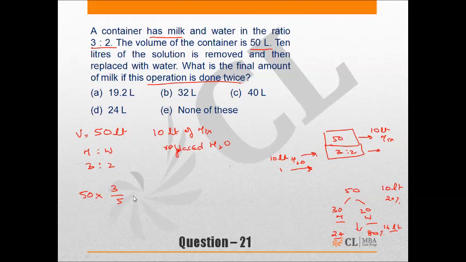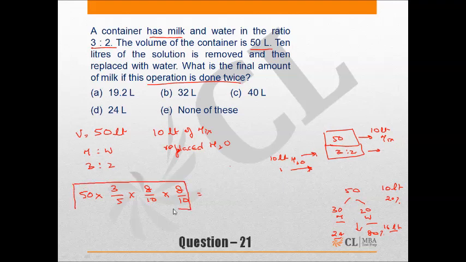After the first operation, the quantity of milk left would be 80%, or 8 by 10 of the original. After the second operation, another 8 by 10 will be left, or rather 2 by 10 has been removed, hence 8 by 10 of the mixture has been retained in terms of milk. So this is the quantity of milk which you will have after the two operations.